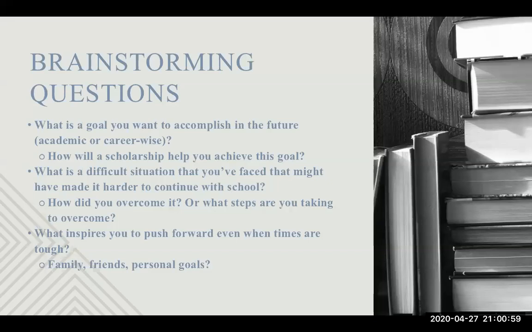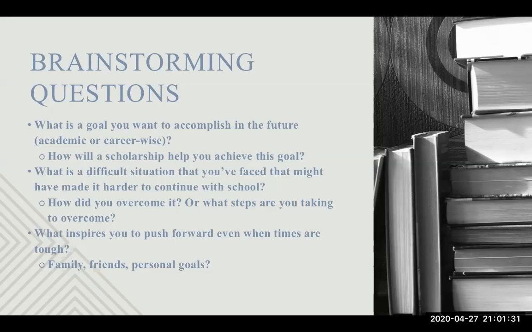And so you want to make sure that you're able to talk about your goals in a way that reflects how you got there, what are some challenges you might have faced, how do you keep moving forward, and of course, how will the scholarship help you achieve this goal. So again, you're bringing back that focus of this scholarship is beneficial to me for this reason.